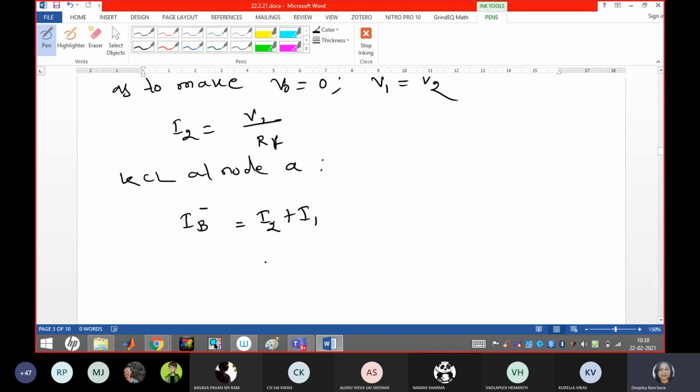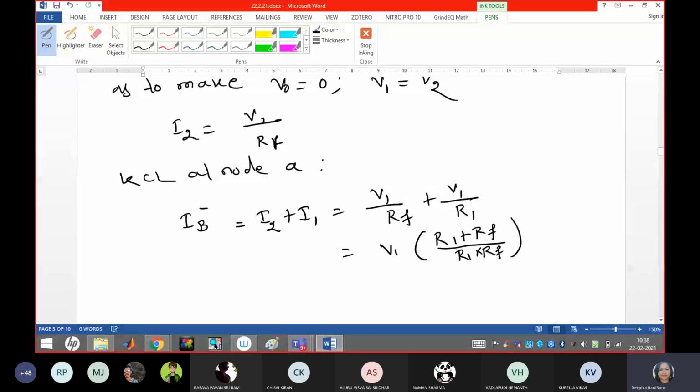Now you tell me what is the value of I2. I2 we got V1 by RF plus V1 by R1, which represents I1. So this can be represented as V1 times (R1 plus RF) whole divided by R1 into RF. Right?